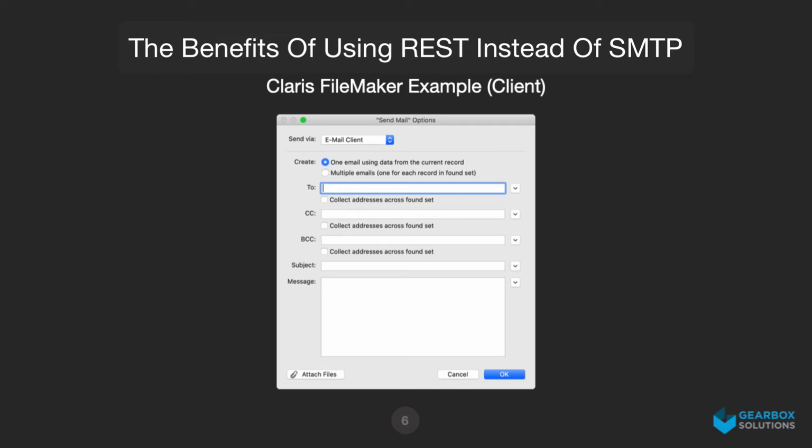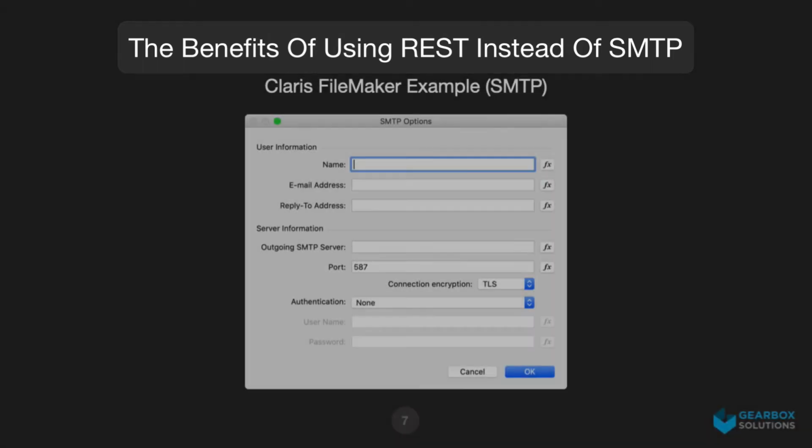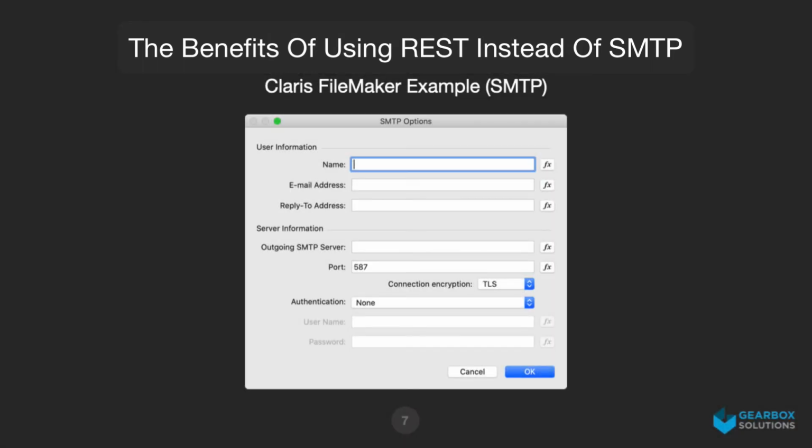If you're going to use some SMTP options, you're going to have to populate this. Then you're going to have to make sure that you know the right servers, and also they're all slightly different when it comes to ports and the type of encryption and the type of security and authentication. So that's just a hurdle that you do have to manage in your organization.